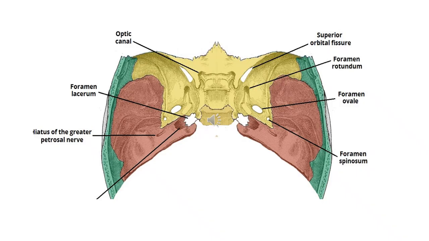Also, there is an optic canal. There is foramen lacerum, foramen ovale, foramen rotundum, foramen spinosum, carotid canal, and hiatus for the greater petrosal nerve. We will see all these foramens and the structures which are passing through them in the upcoming slides very soon.